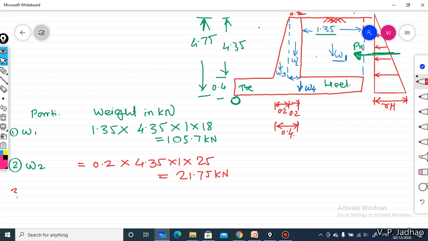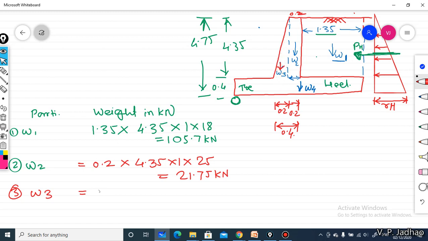Now the third weight acting on this particular retaining wall is the weight of this hatched triangular portion. So this is W3. This will be the area of this triangular portion multiplied by 1 multiplied by the unit weight of concrete.